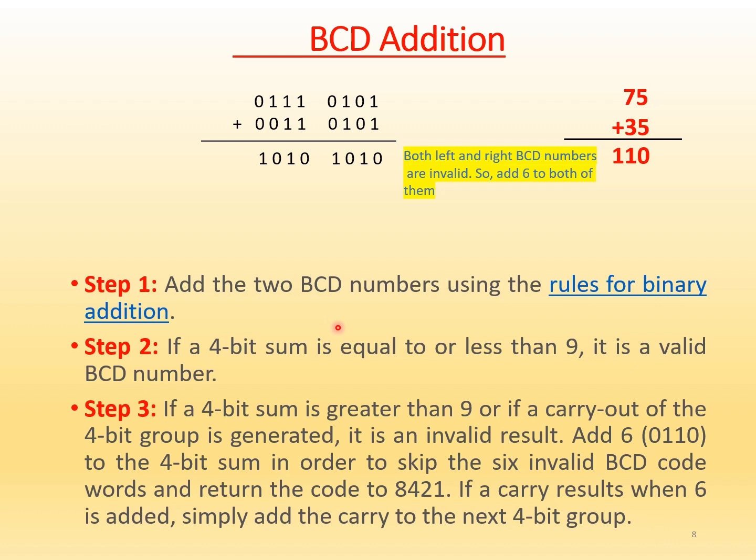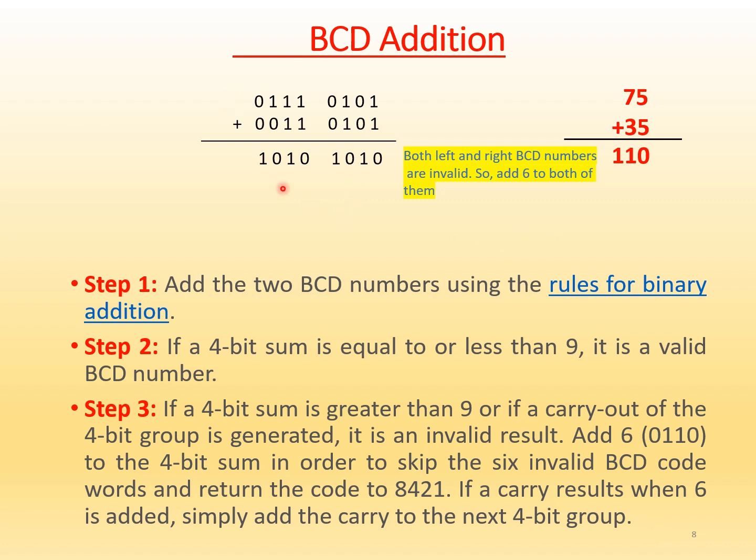Let's do one addition with BCD code. Suppose you have to add 75 with 35, one 7-segment display where the 2 digits can be displayed is showing 75, another is showing 35.